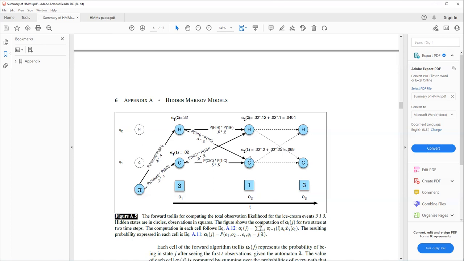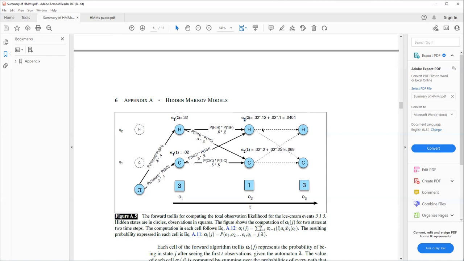Similarly, we can try and compute alpha 2 1 again. And notice the subscript here. The subscript indicates which state we are talking about. So this is basically the first part here. You can see alpha 1. And the hidden state that we're using, this is 1 for cold and 2 for hot, right? This is the second variable that we're computing, and then we can have a third variable after this as well.